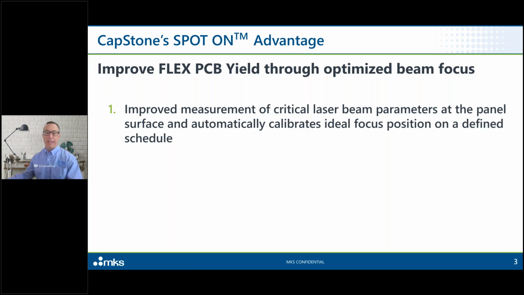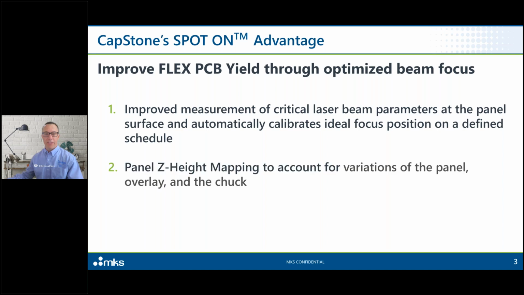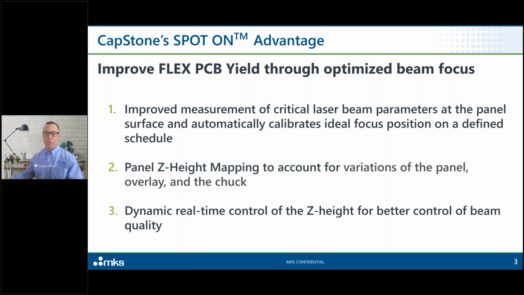The first one being we have improved our ability to measure the quality of the beam. It's an automated method and allows us to maintain a superior focus accuracy during processing. We are coupling that with two other features. One is the ability now to map the Z height across a panel or your work surface.